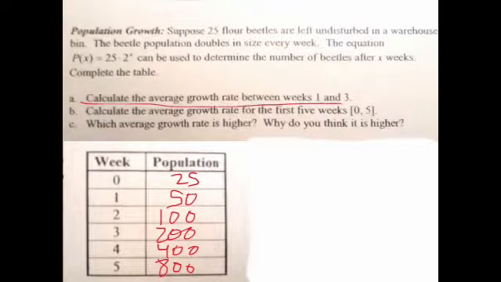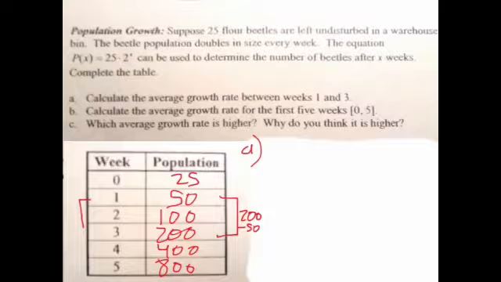You need to get the average growth rate between weeks 1 and 3. That's between these ones here. Remember, if you want to get your growth rate, you have to get the difference in the y's. That's 200 minus 50. And you get the difference in x's. That's going to be 3 minus 1.